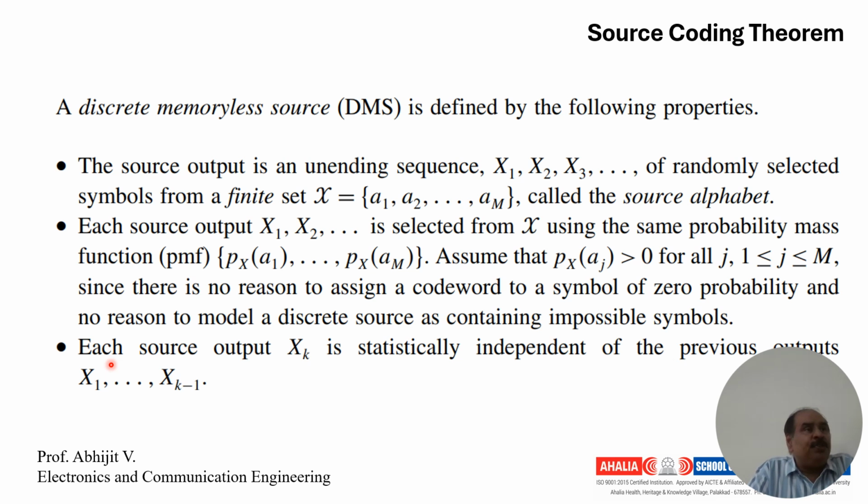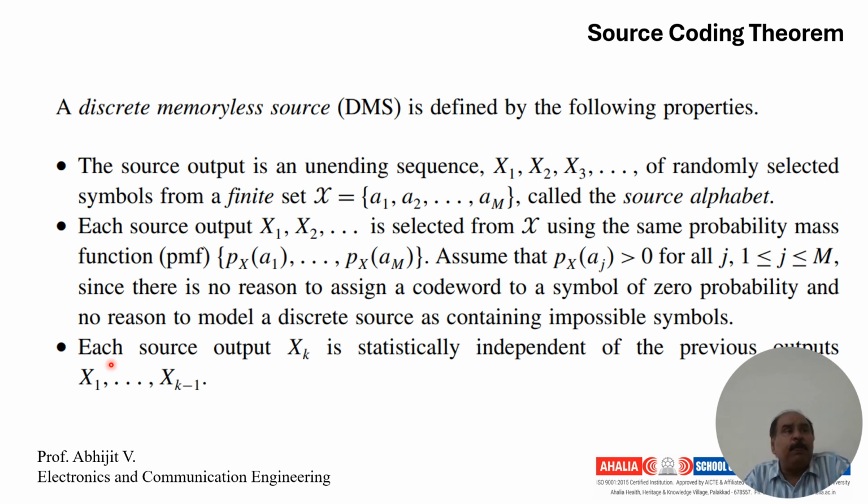We have a group of sources, x1 to xn, and this x1 to xn is taken from a random set of variable symbols, which is finite, from a1 to am.